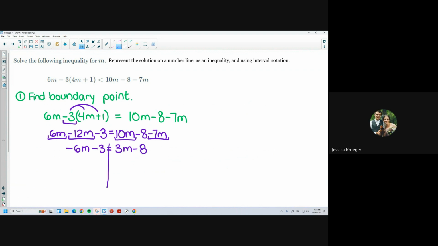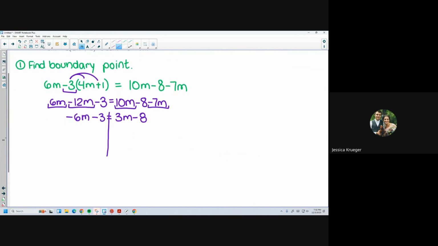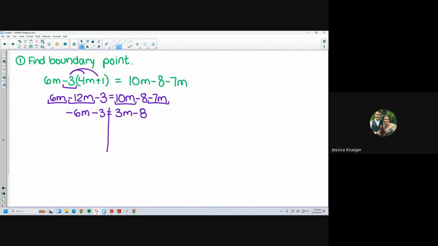Now that I've got each side simplified, I can start to move things from one side to the other. I notice this 6m right here is negative, so to move it to the other side, I'm going to add it. Do the opposite. Negative 6m plus 6m gives me 0. So I get negative 3 equals 9m minus 8.